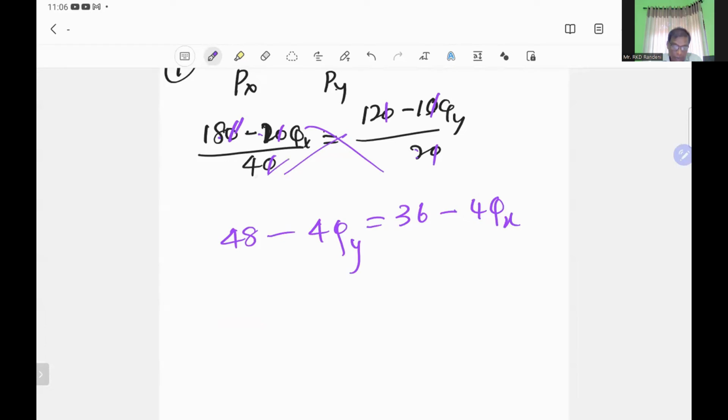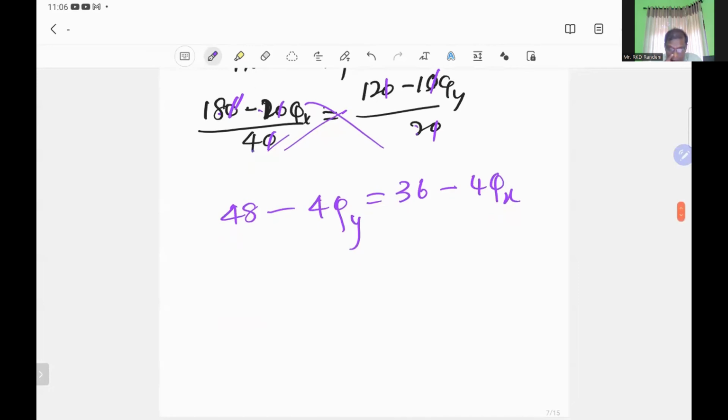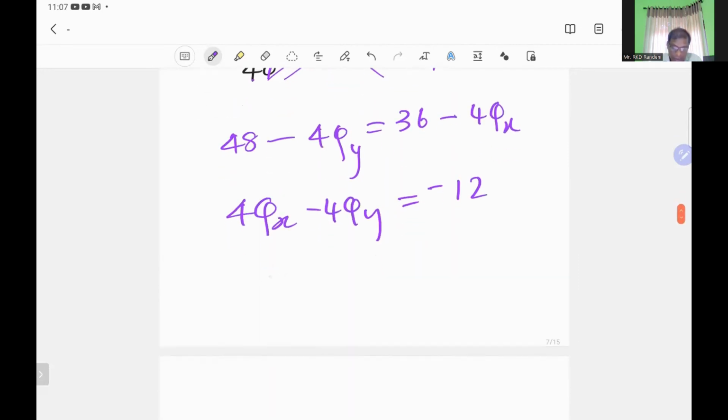This side 12 into 4, that is 48 minus 4qy. Right. You can write this: qx come to this side, plus qx minus 4qy. 40 come to this side, that is minus 12. So we can write this way, 4qy minus 4qx and 12. You can write this. Not economics, that is mathematics. You can remove this minus, multiply by minus, then you can write this equation.